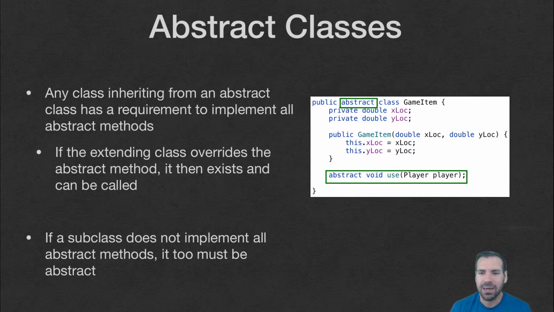I want actual concrete weapons. So weapon might actually be abstract as well, and then all the other classes, all of our different weapon types, extend weapon itself. But we're either abstract or we implement all the abstract methods.